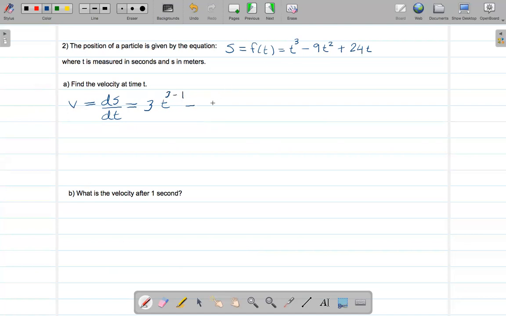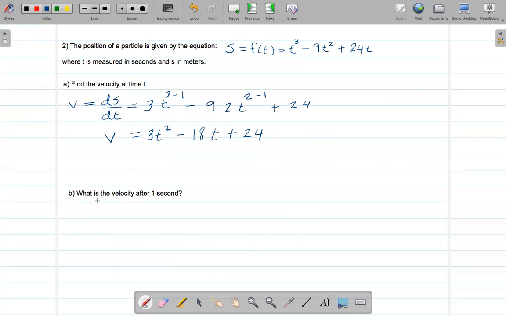Again, 9 is there, and then the 2 comes down, and the new power is 2 minus 1, plus 24t is simply just 24, because the derivative of t is just 1. Then we get v equals 3t squared minus 9 times 2 is 18t plus 24.